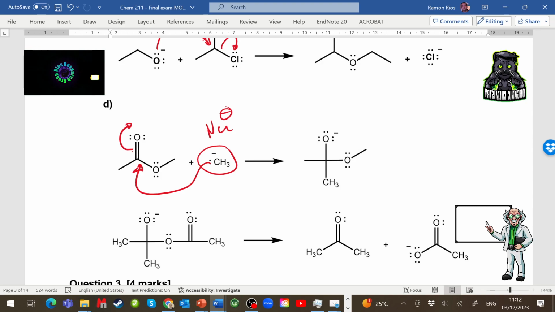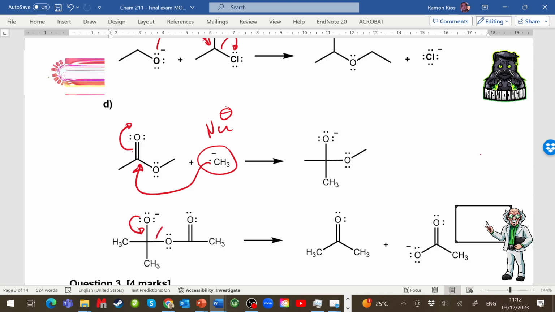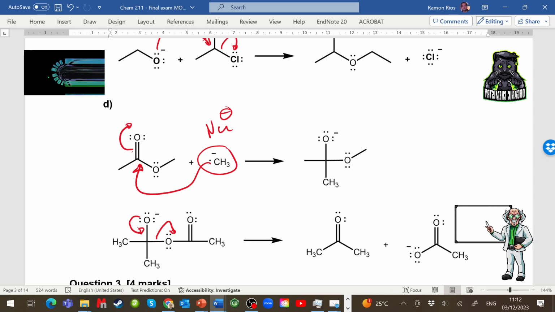And finally, the last one, what is happening is that the pair of electrons of this oxygen are reforming the carbon-oxygen double bond, and the carbon-oxygen bond, in order not to break the octet, is moving to the oxygen to form these two compounds. Okay?